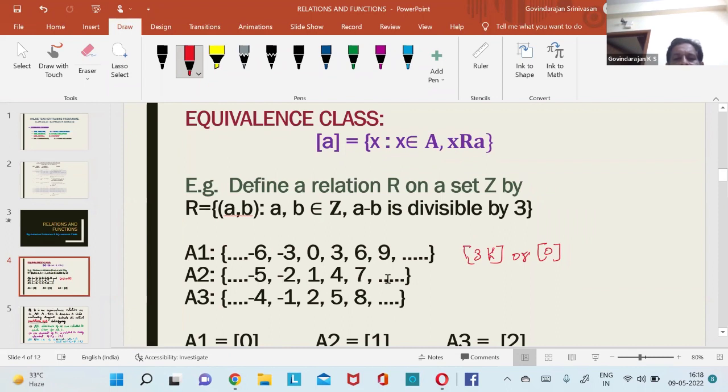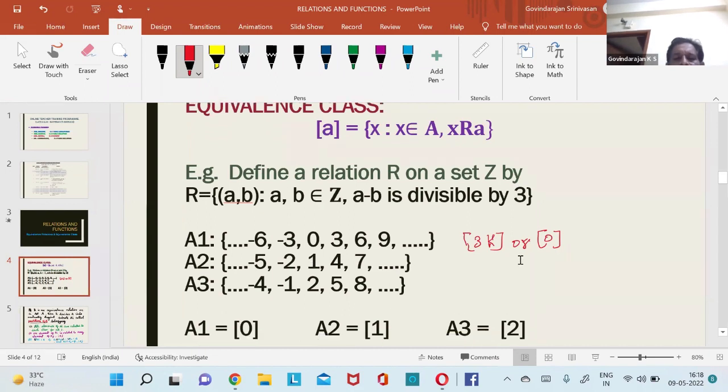Therefore, this subset is called the equivalence class of the element 1, or the equivalence class of 3k plus 1, the multiples of 3 plus 1. And another subset, A3, is minus 4, minus 1, 2, 5, 8.